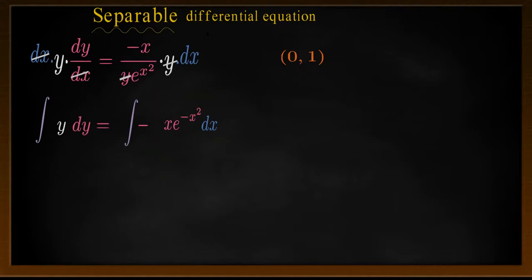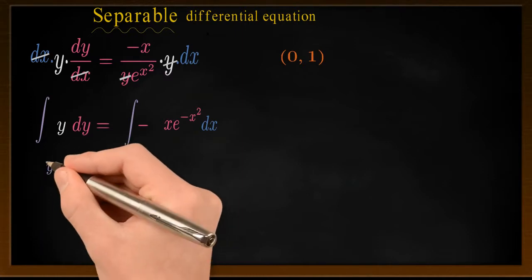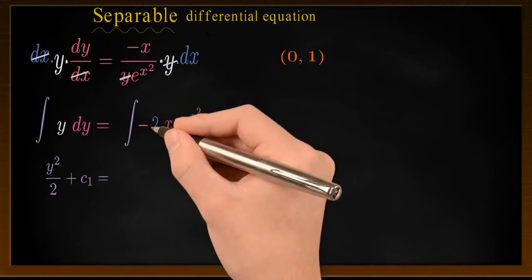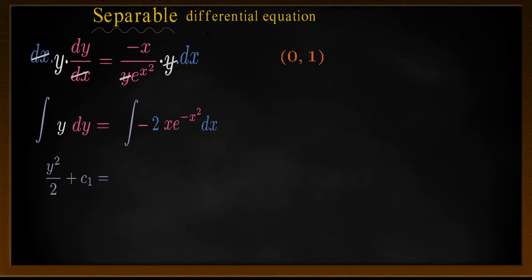So let's do that. Now, if you integrate the left-hand side, what do you get? Remember, we're integrating with respect to y here. So this is going to be y squared over 2 plus c1. And that's going to be equal to the right-hand side, where we're integrating with respect to x. You could do u substitution, or you could recognize that the derivative of negative x squared is going to be negative 2x. So if that was a 2 there, and if you don't want to change the value of the integral, you put the 1/2 right over there.